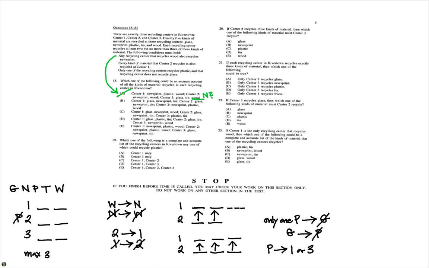Every kind of material that center 2 recycles is also recycled at center 1. So looking at B, center 2 has glass, newsprint, tin. Center 1 has glass, newsprint, tin. B is fine. C has glass, newsprint, tin. Center 1 has glass, newsprint, wood. So you notice there, center 1 is missing tin.